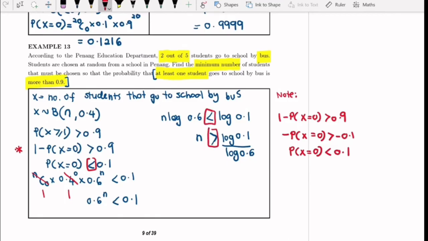Because log 0.1 is a negative value, and log 0.6 is also negative. So if you want to omit the negative from n, you need to change less than to greater than. Using your calculator, you get n greater than 4.45. Since n is a number of students, n has to be an integer. So n equals 5.